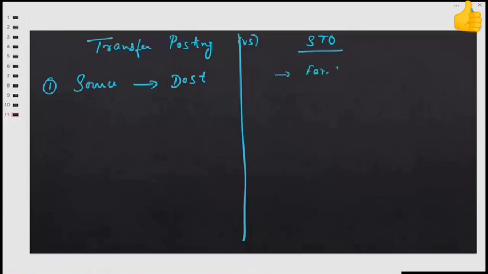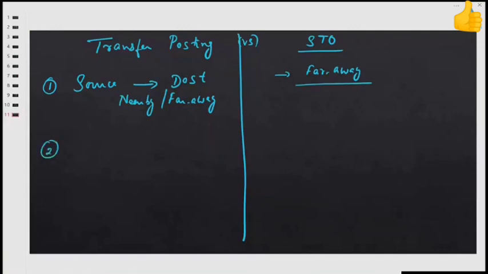This is far away. This is nearby or far away. You can use transfer posting for either of these methods. But a stock transport order is typically used when the source and destination are far away.